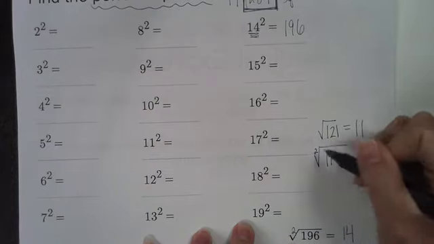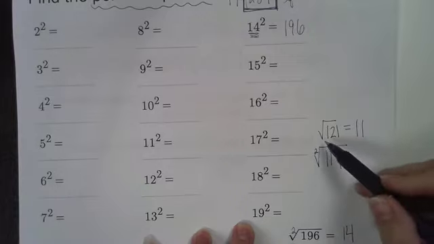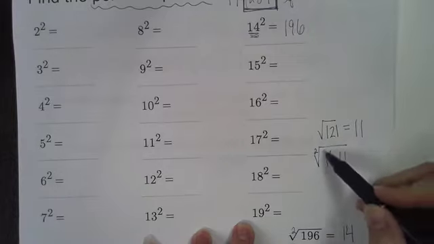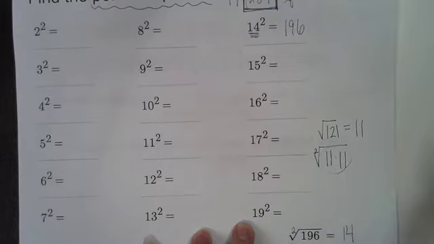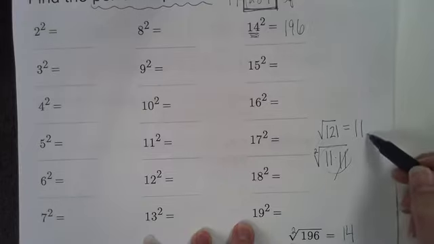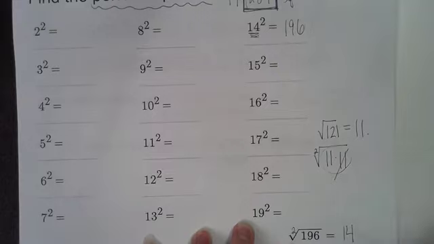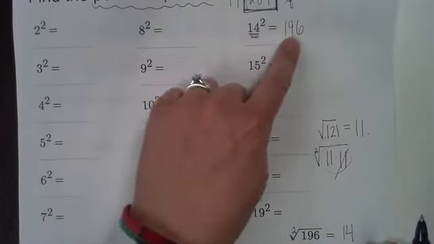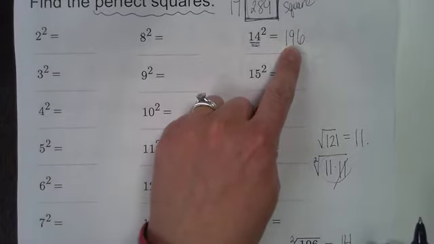Let's go back and review really fast, because 121, we know, is 11 times 11. And didn't I tell you that when we're simplifying square roots, we're looking for a group of 2? One gets shot and one escapes. Remember that? So same thing. If we get a number that happens to be a perfect square, like 196, do I have to divide by 2 and divide by 2 a whole bunch of times?